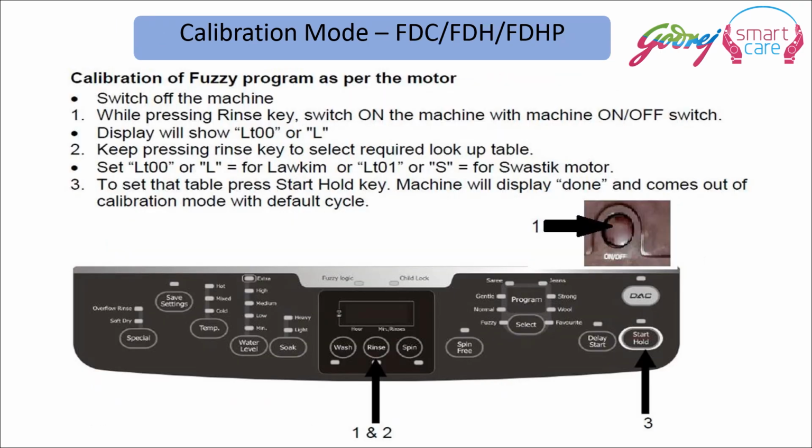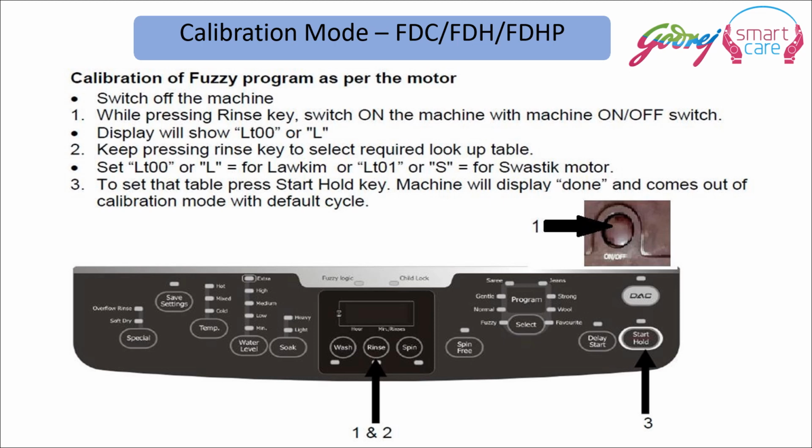To do calibration in the FDC, FDH and FDHP models, we have to switch off the machine first. While pressing the rinse key, we have to switch on the machine with the machine on/off switch. The display will show LT00. We have to keep pressing the rinse key to select the required lookup table.